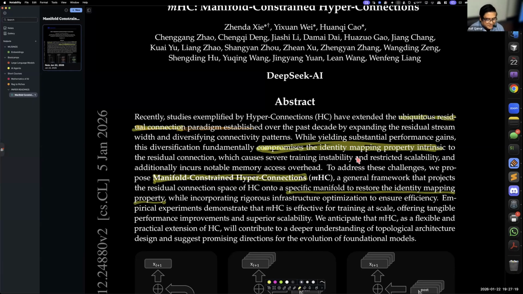Now, if you don't know what residual is, what identity mapping is, and what in the world this manifold is, let alone manifold constraint, this might be a good time to say, okay, let's go for a coffee break. So, while incorporating rigorous infrastructure optimization to ensure efficiency.